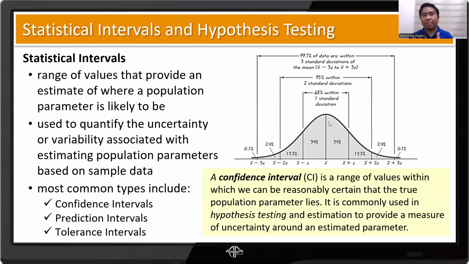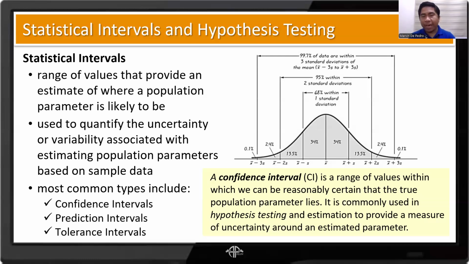The estimate is somewhere very close to that population mean, or the actual value is very close to our estimated population mean, which is the center.